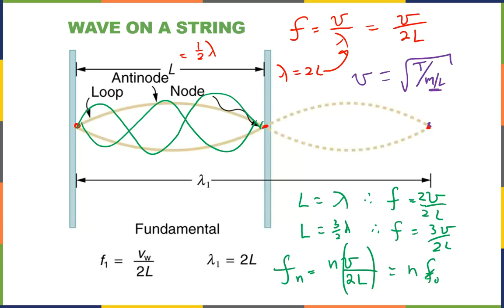This is a question I periodically have asked on tests. Let us say that you have a string and you find that the string has two adjacent harmonics, with frequency of n equals 330 hertz and frequency of n plus 1, the next available harmonic, 390 hertz.